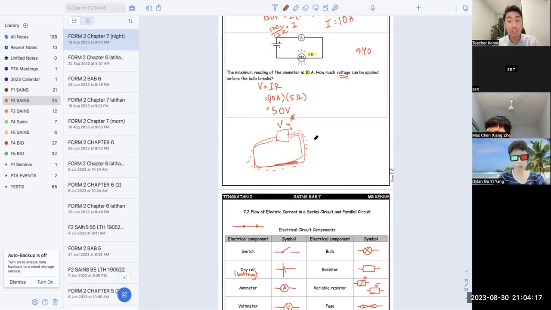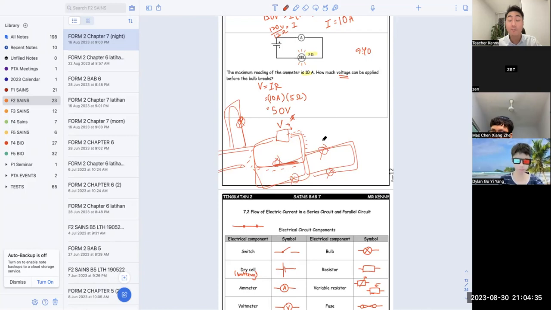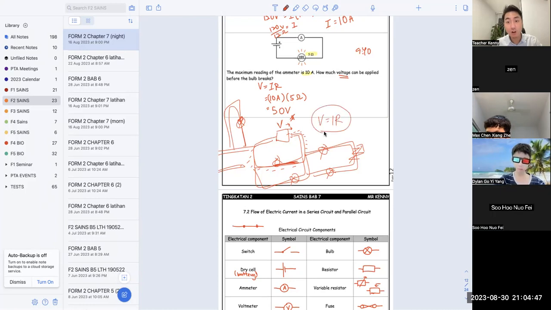No matter how my electrical circuit will be, whether I extend another wire, or another wire out, with a light bulb over here, light bulb over here, or some kind of symbol over here, it doesn't matter, because at the end of the day, they will all bow down to this master formula called V equals IR. Understand? So there's a master V, a master I, and a master R. So what do you mean by that?